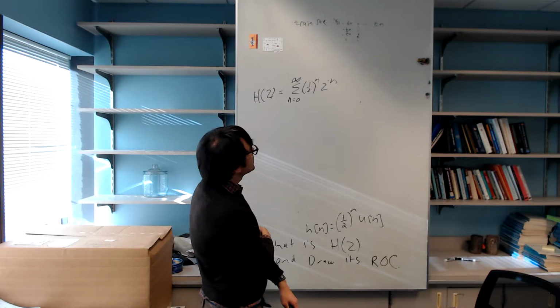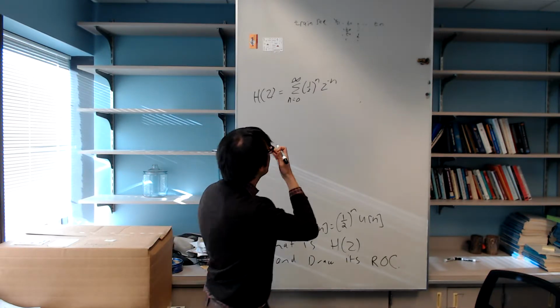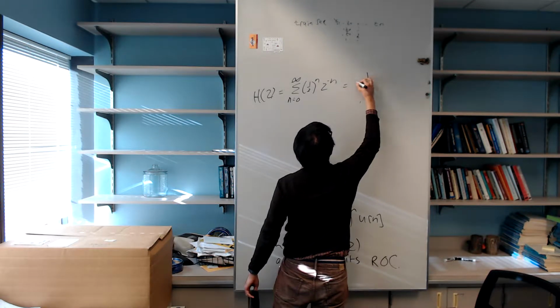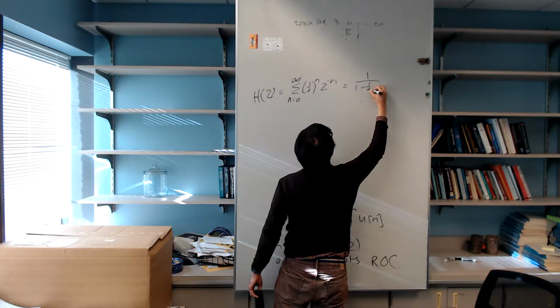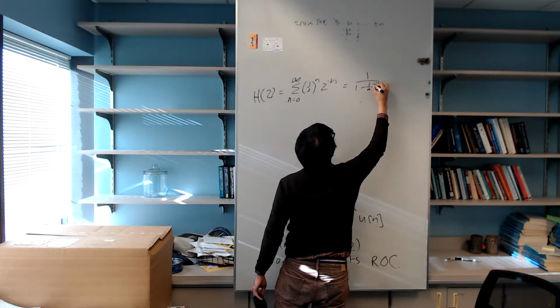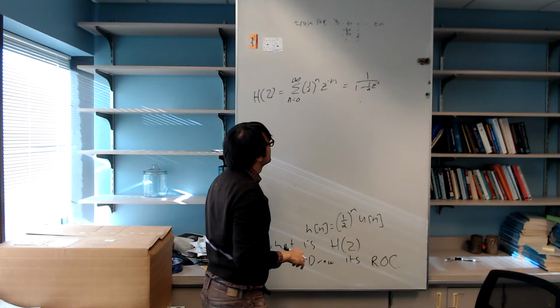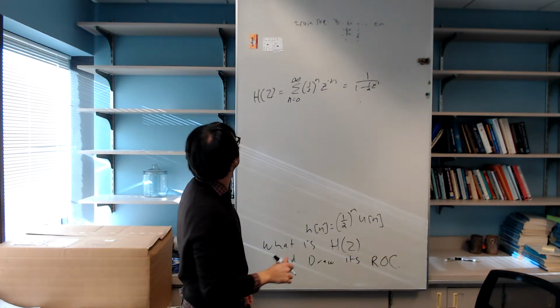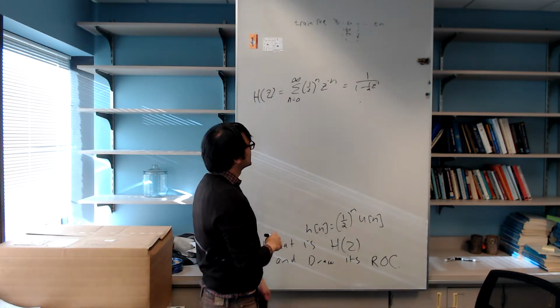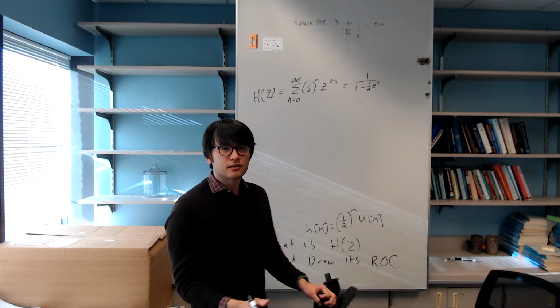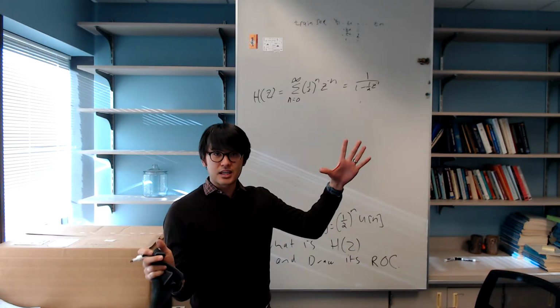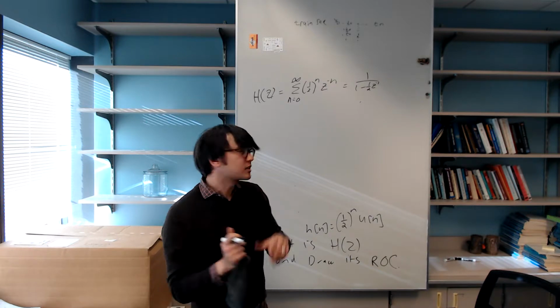All right? And we can use our handy formulas to say that this is 1 over 1 minus 1/2 z inverse. And the region of convergence is every z that has magnitude greater than 1/2.